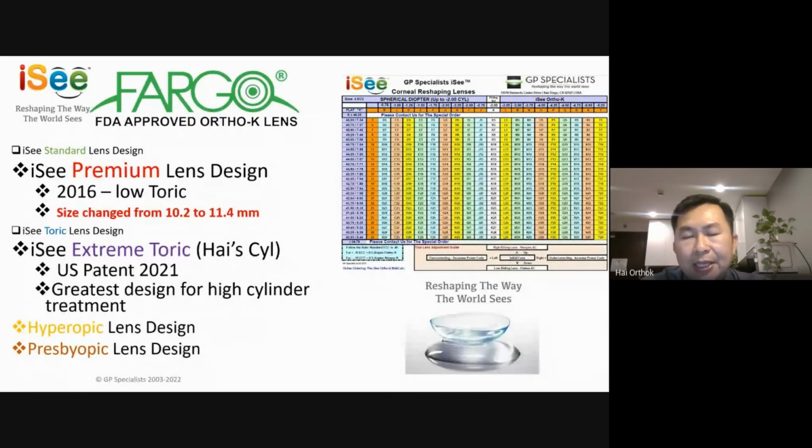If the delta K, meaning K1 minus K2, is over 0.75 diopter, the premium lens is also a toric lens with the sag chain from 10.2 on the top of the lens chart to 11.4 on the bottom of the chart. On the top of the chart is a very steep eye, and for a steep eye we have a small diameter.